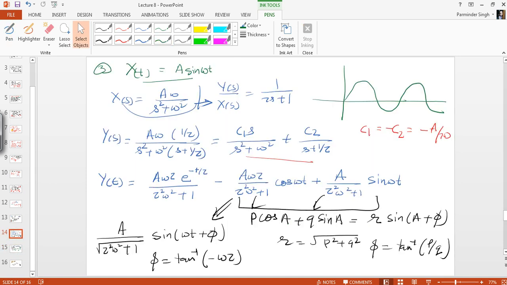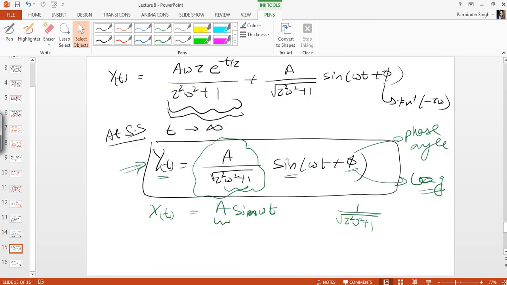That means if this is the sinusoidal nature of the surrounding, the input varies in this way. So this variation in the peak is the lag, and that lag is represented by this phase angle, which is represented as tan inverse minus tau omega.